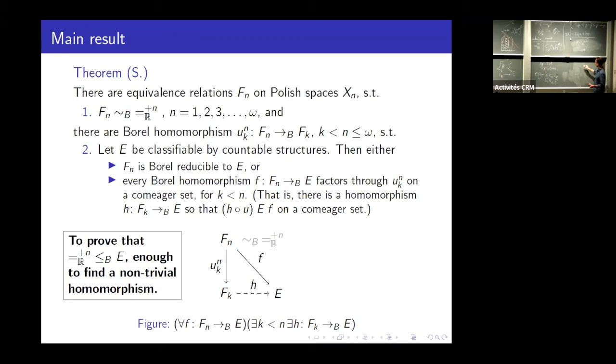Maybe it's not clear from the phrasing, but what Canové-Sabok-Zapletal said was: if you have some E which is not Borel reducible to equality, it's not above equality plus, then any homomorphism is trivial, it just sends a comeagre set into a single class. But you can present it as factoring in a similar way: you can fix a homomorphism that sends everything to a single point in some space with one point, where the equivalence relation is just equality. So sending a comeagre set into a single class is the same as this factoring picture.